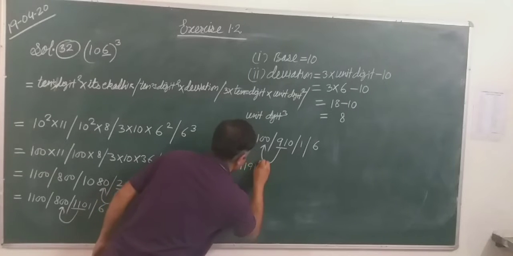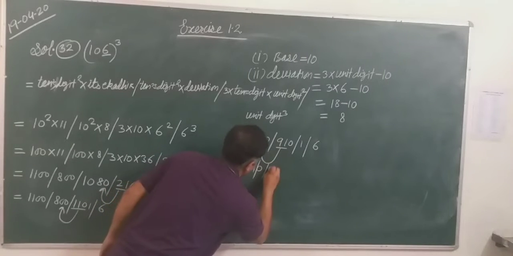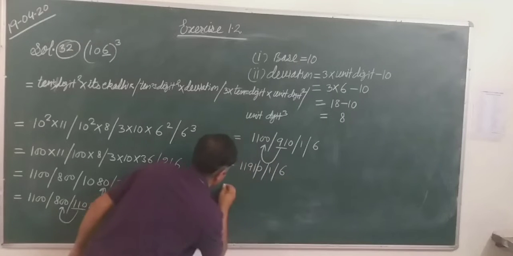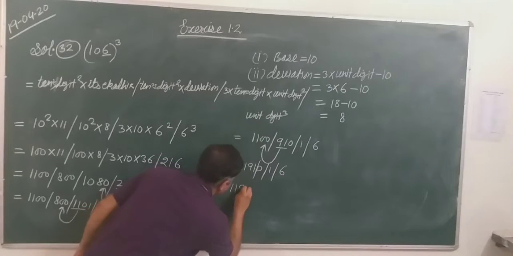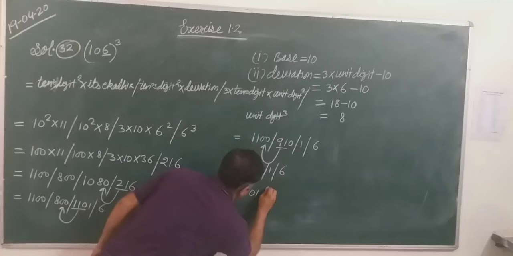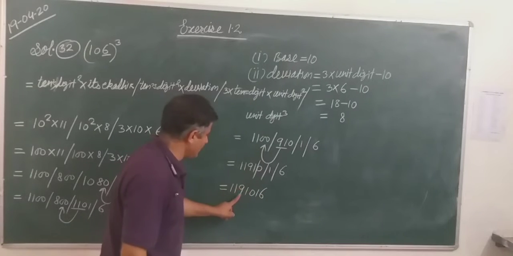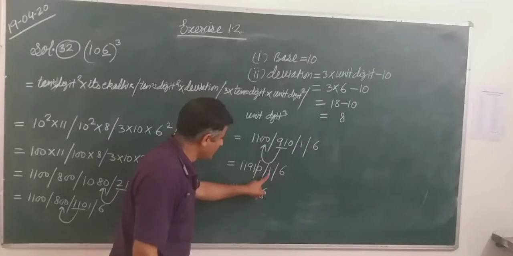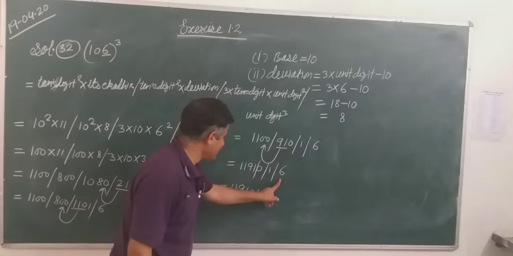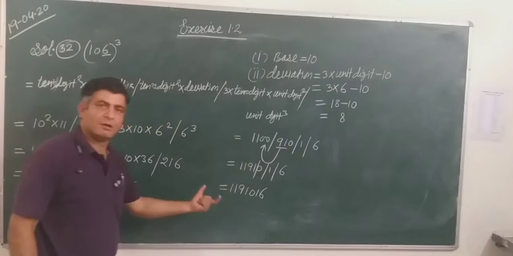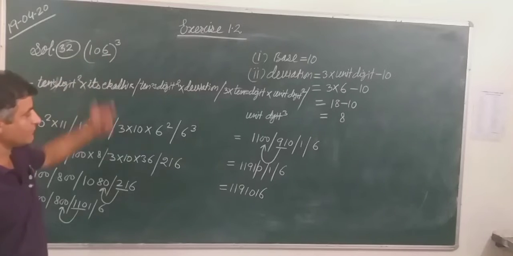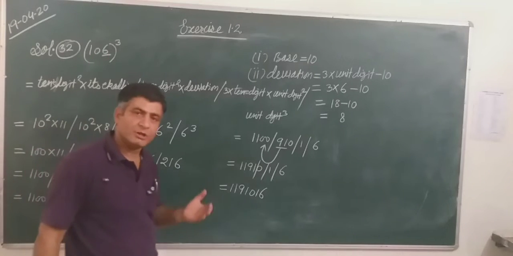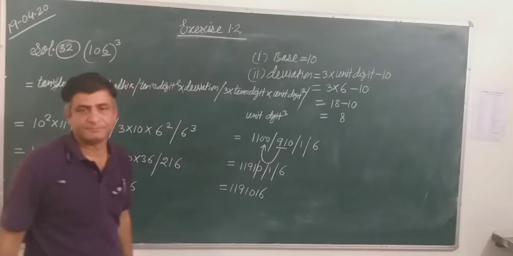Then 0, oblique 0, oblique 1 and oblique 6. In the last, you will remove this oblique sign. Then it is 1, it is 6. 1191016. So this is the cube of the number 106 by using the sutra Ekadhikena Purvena.